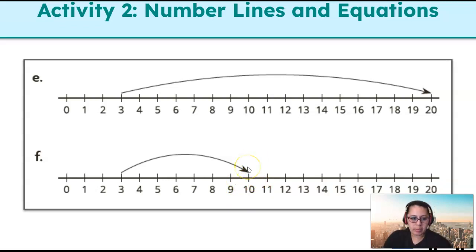Now I want you to work with your partner and identify the equation that matches with the number line correctly. And then I'll walk around to see your papers. When you guys are done, just show me that you guys are ready, and I will walk around. That way I can mark it when you're done.